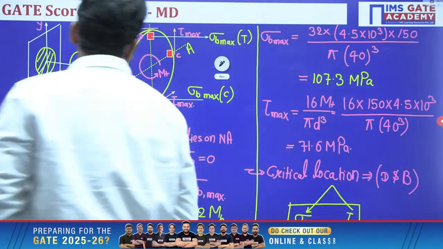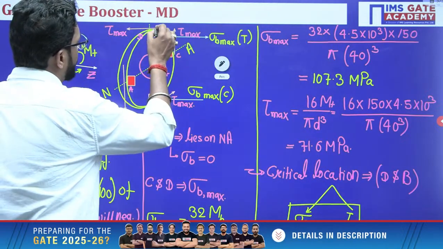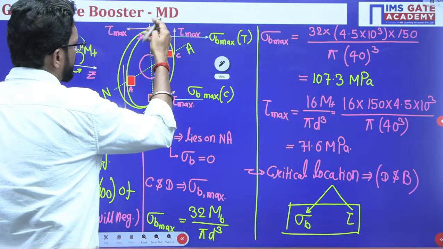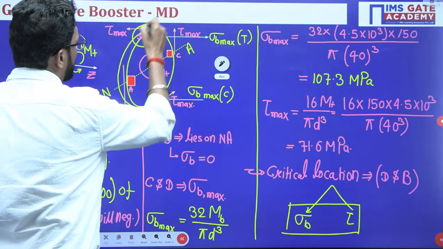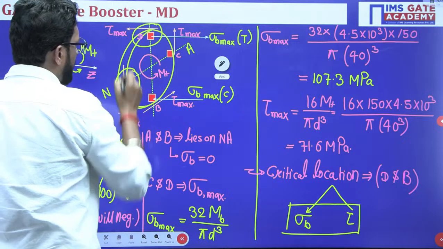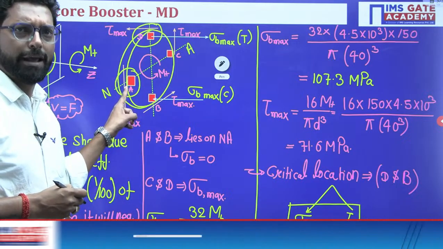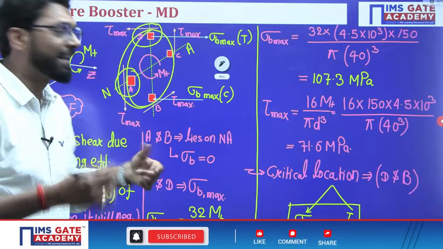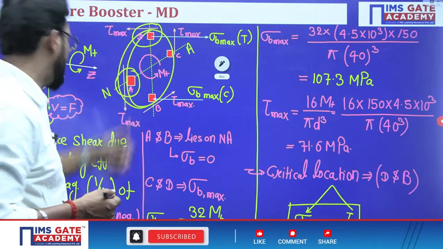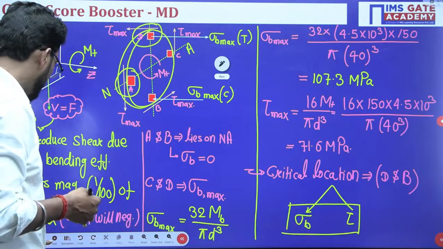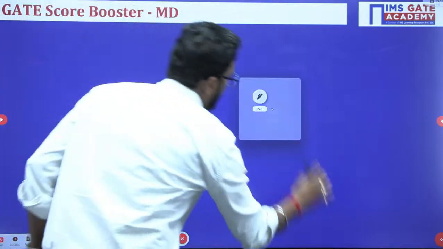So let's suppose we have to take the element at this point and this point. Obviously, we are not designing according to point A, we are designing for D, but out of interest, what is the state of stress at points A and D?